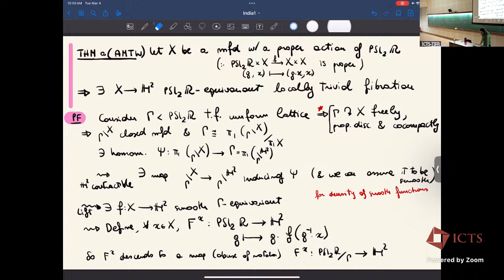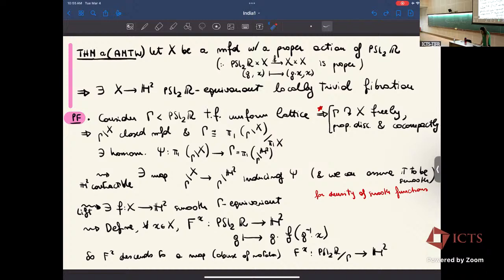So the first point is that we have this torsion-free uniform lattice gamma in PSL2R, and this lattice acts freely, properly discontinuously, and co-compactly on X. So the quotient is a closed manifold, and the fundamental group of the quotient of the domain of discontinuity X is really gamma.